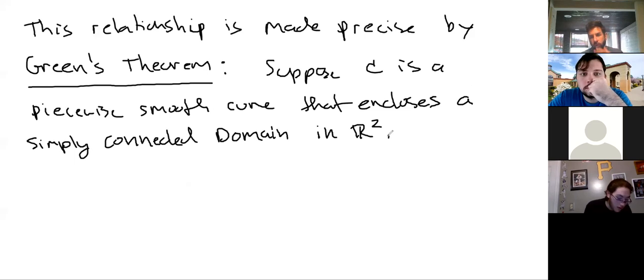So this is technical jargon. I'm never going to give you a problem where any of this stuff matters in Calc 3, but these are the hypotheses of the theorem.